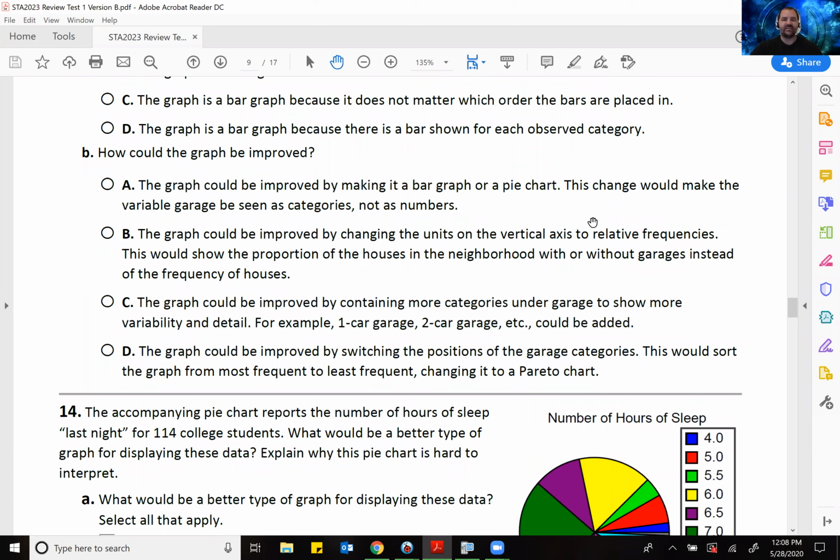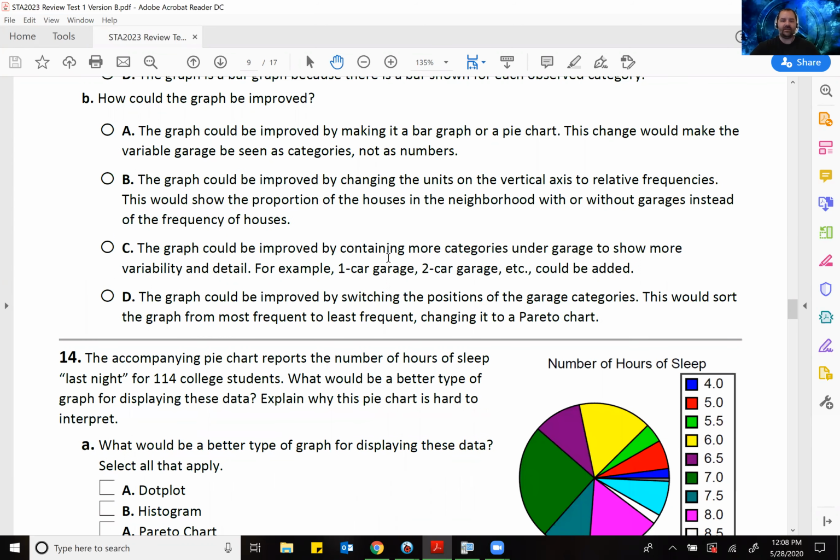Remember, relative frequencies are like percentages. So that would show proportion. The graph could be improved by containing more categories under garage to show 1 car, 2 car, and so forth. The graph could be improved by switching the garage categories.